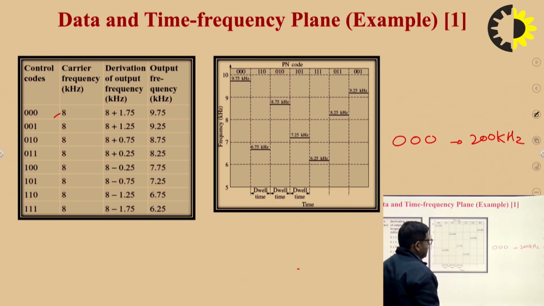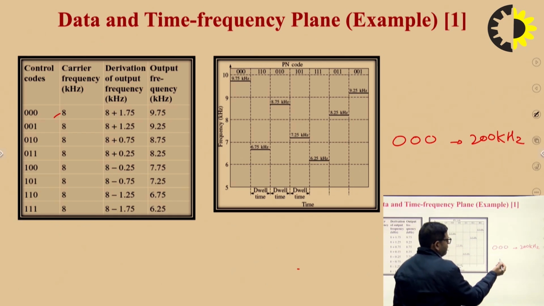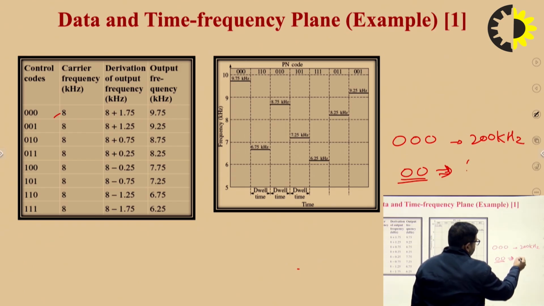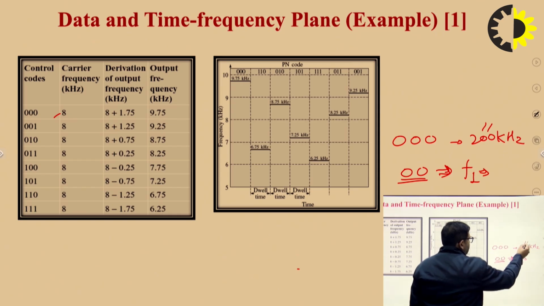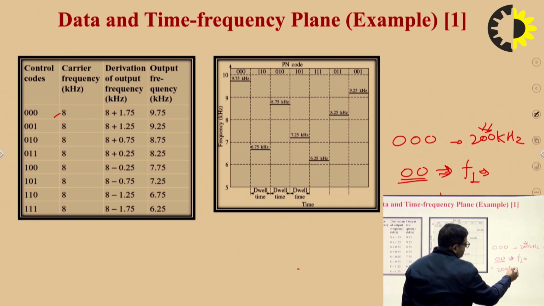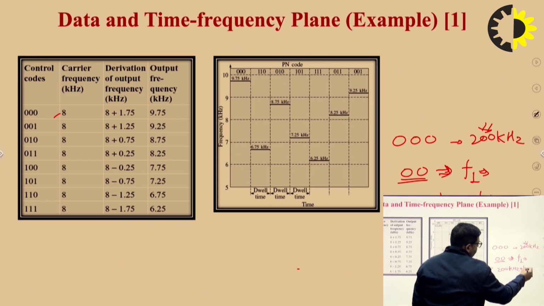So, if we have some data to transmit, for example 0 0, and we are using the frequency shift keying modulation scheme, then for this 0 0 combination the frequency I can assume is f1, and the frequency synthesizer has a frequency of 200 kilohertz, then the resultant frequency of the frequency hop spread spectrum will be 200 kilohertz plus f1.